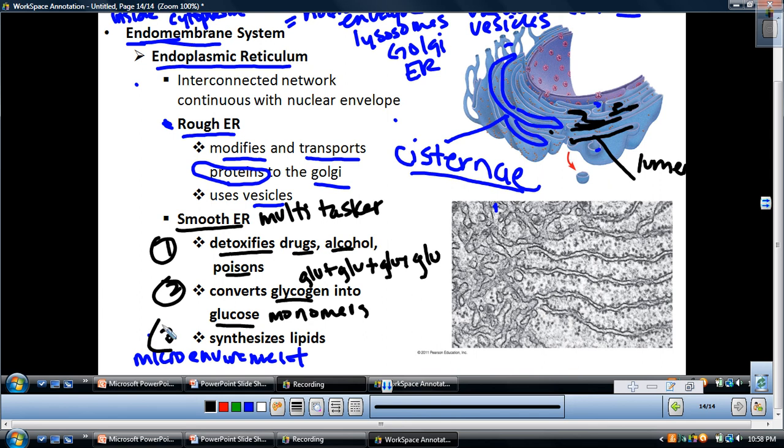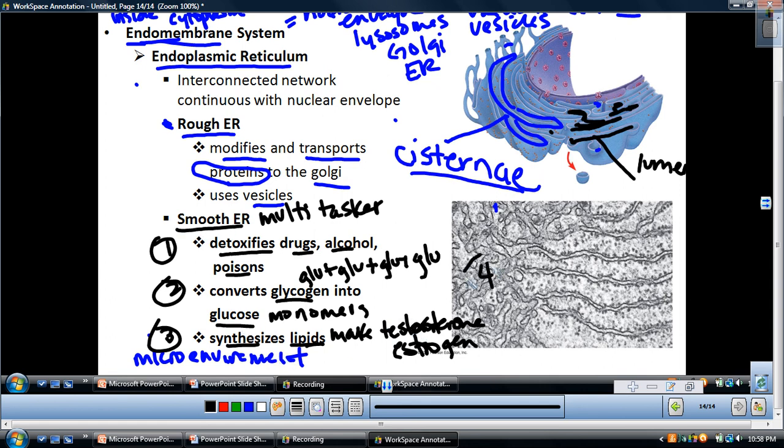Third function, it can synthesize, which means make, lipids. Some of the lipids that it can make are lipid hormones, or lipids needed to make our hormones, especially testosterone for guys, or estrogen for girls. Those are steroid hormones that we need lipids to make, so one of the jobs of the smooth ER is to synthesize those.